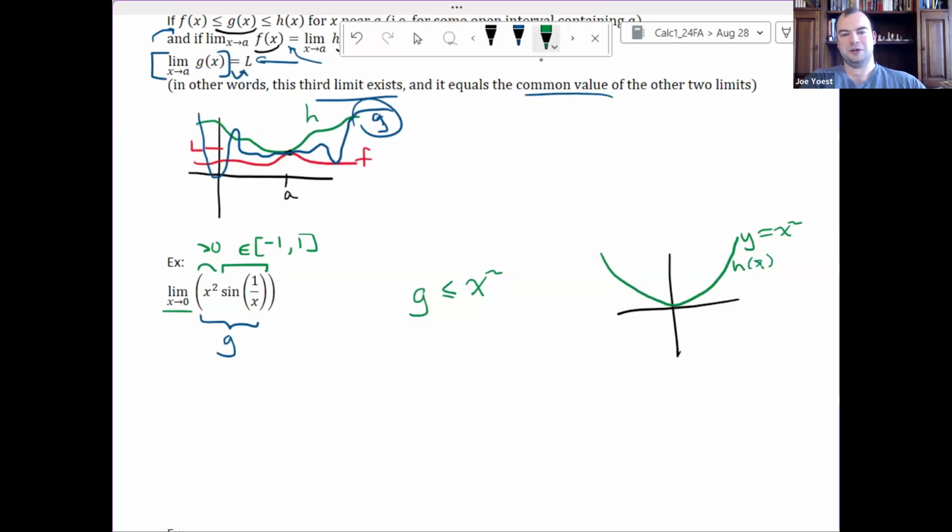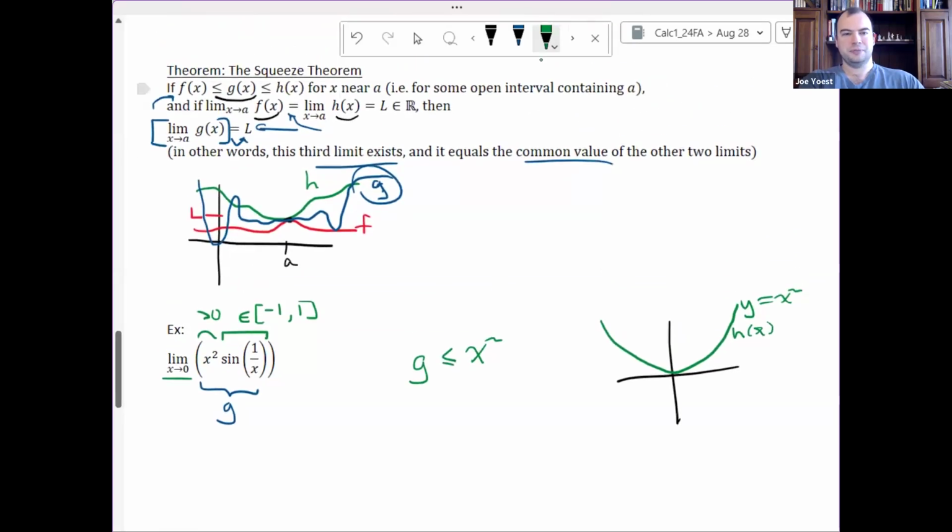This is my upper bound function because g has to be less than or equal to x squared. Now on the flip side, the smallest that the sine function's output can be is -1. So the smallest g's output could be is -x squared.